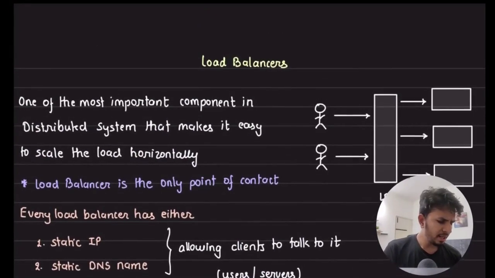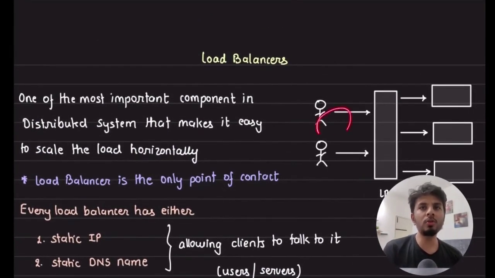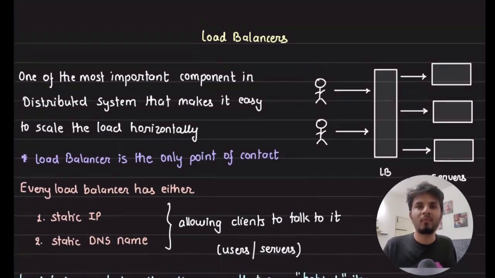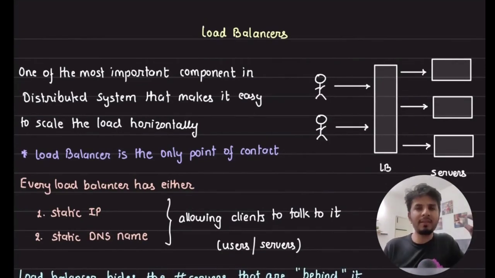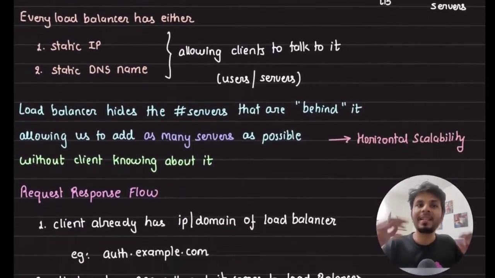Your users don't need to know that behind the load balancer there are 1 server, 2 servers, 5, 50, 100, 1000 servers. For users, it's just, oh, I have this load balancer name, I'll make a request to that. I don't care how it goes past that. That's the beauty of it.